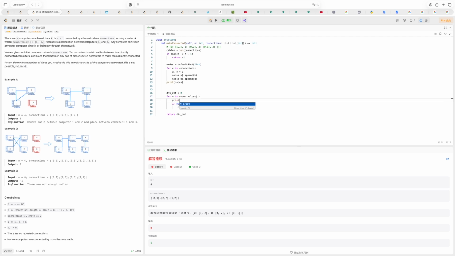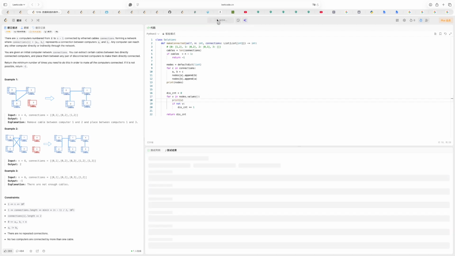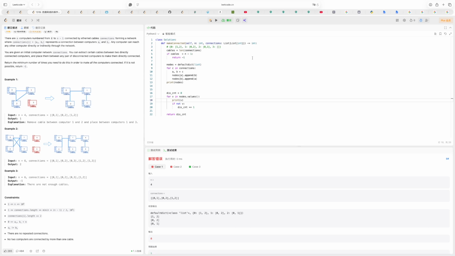And that's print v. Oh, okay, I think I should use range n: for i in range n, and if nodes i is empty, then the disconnected count should add 1.